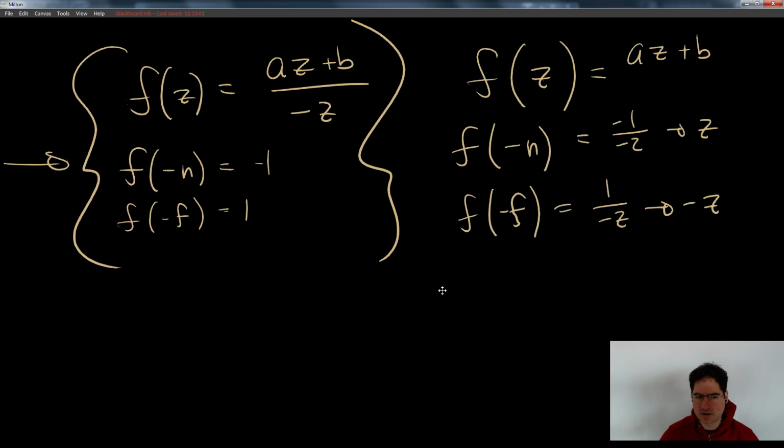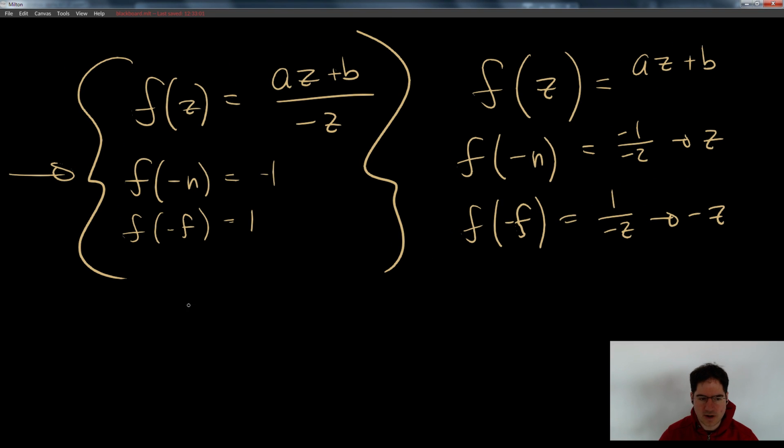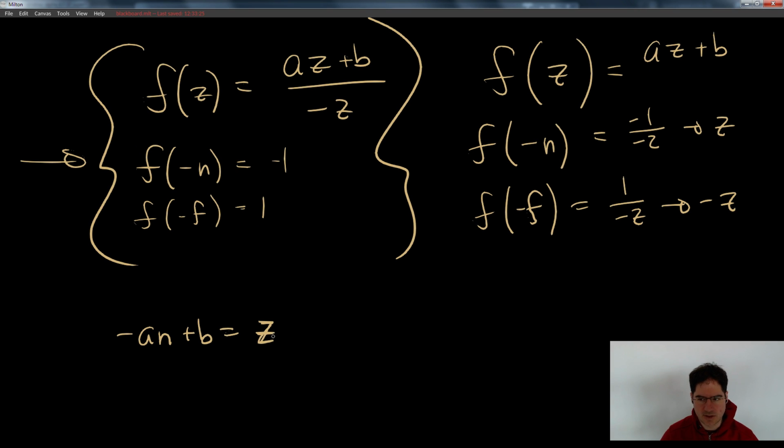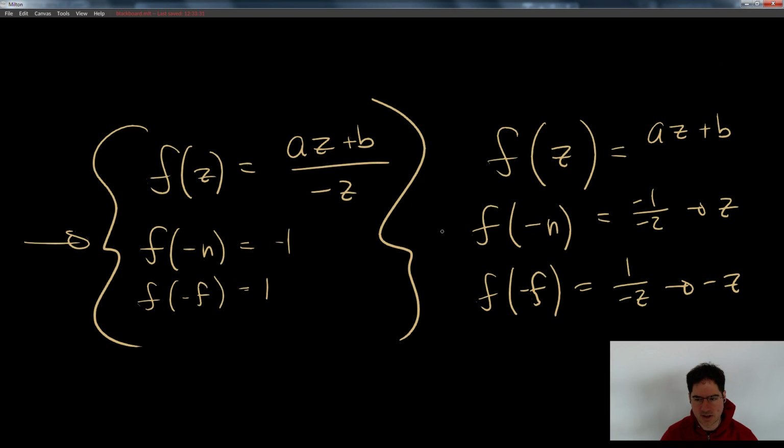So what we actually want to have happen here is we want to have our Az plus B. In this case, we want to do negative n. We've got negative An plus B. We want that to equal z, which is our incoming value, right? Which again, it's just going to make it harder for us to solve. It's going to make it harder for us to do the math out.